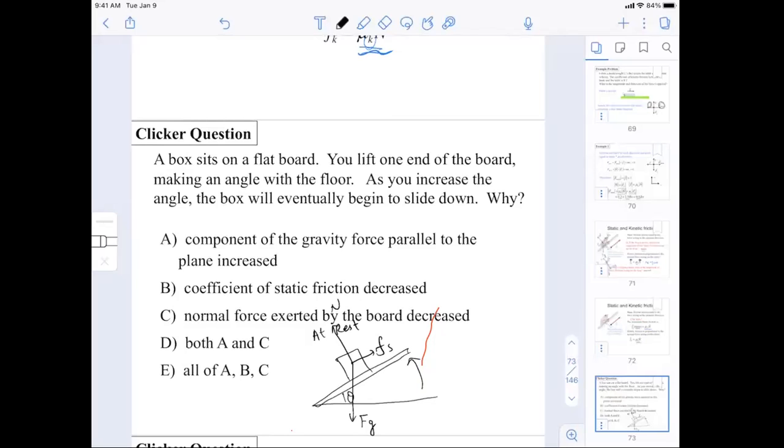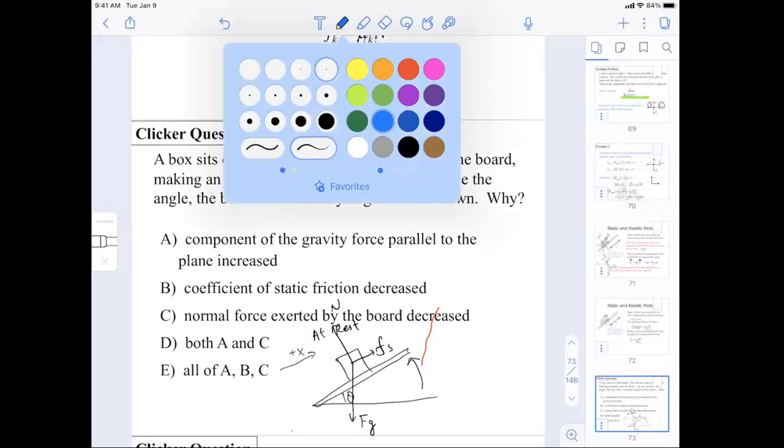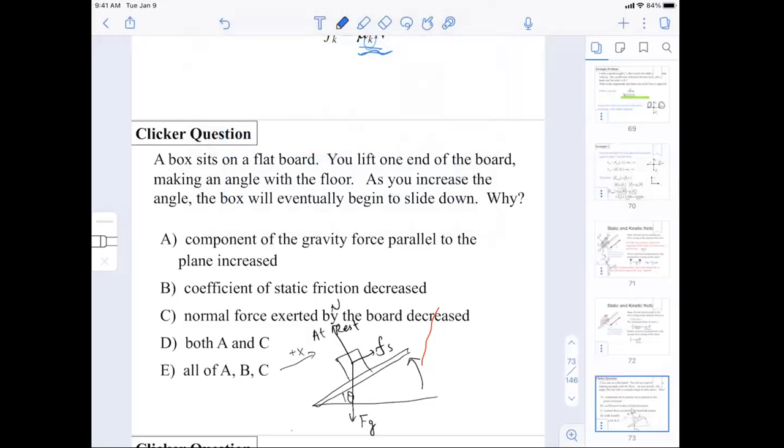So along this direction of X, along this direction of motion, the force that's responsible for trying to make the block slide down is F of G in the X component. The force that's responsible for preventing it from sliding down is the static friction. So both of them are playing here.